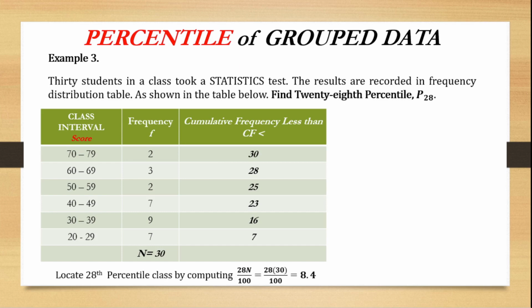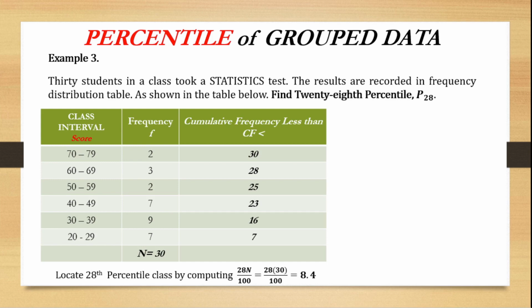So let us now locate the 28th percentile class by computing 28n over 100. Since we are looking for the P sub 28, we use 28n divided by 100. Then we substitute the value of our n, where n is the total number of frequencies. This is our total number of frequencies. That becomes 28 times 30 divided by 100, which is equal to 8.4.